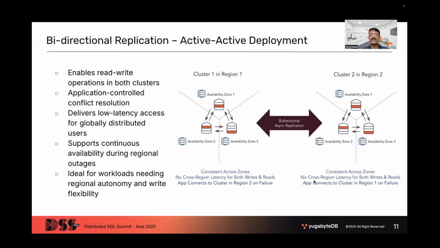And this system supports region level availability. In case a region completely goes down, the other region can take up the application workload. More suitable for workloads that need regional autonomy and write flexibility.